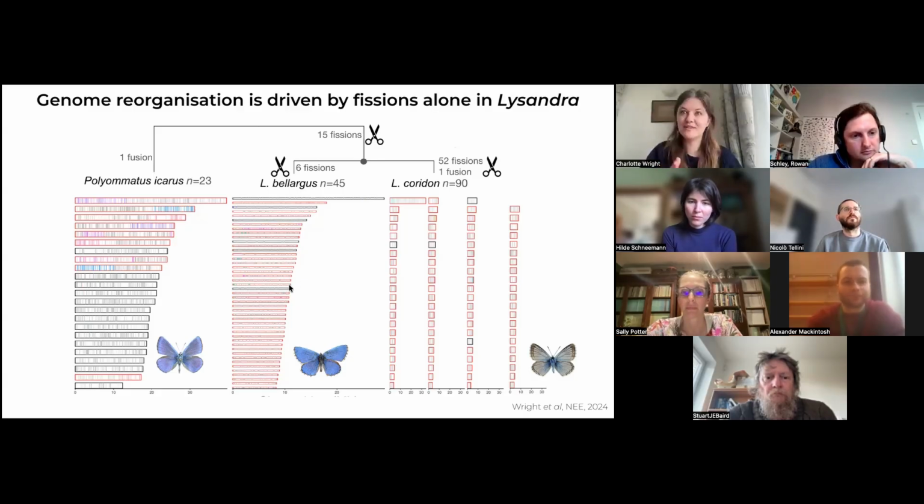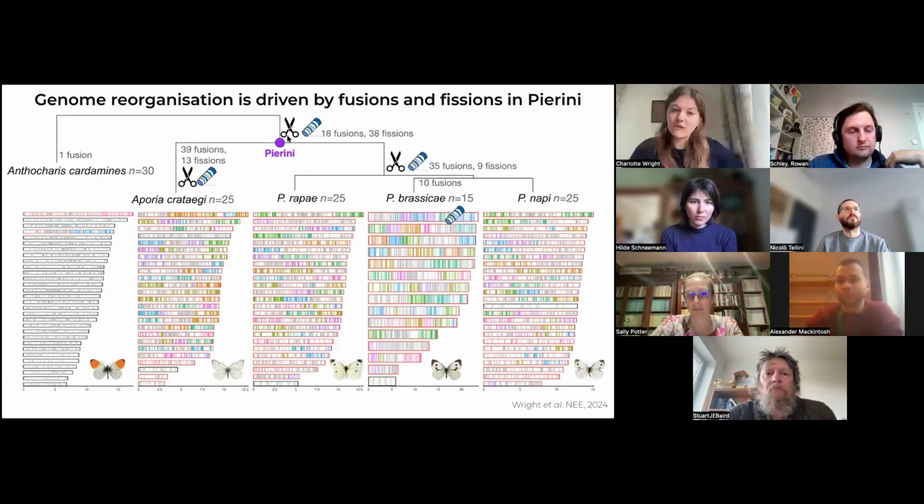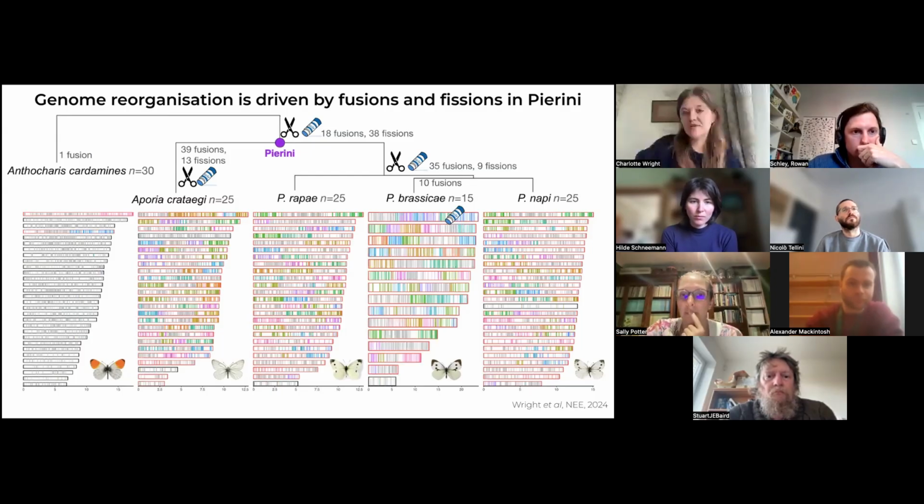So no fusion has happened here, just fission, which is the complete opposite to what you see in the Pierids, the cabbage whites, where at the base of this group, while fission started, fusion also started. And so this has ended up with these kaleidoscope chromosomes where you have many different ancestral linkage groups per chromosome.